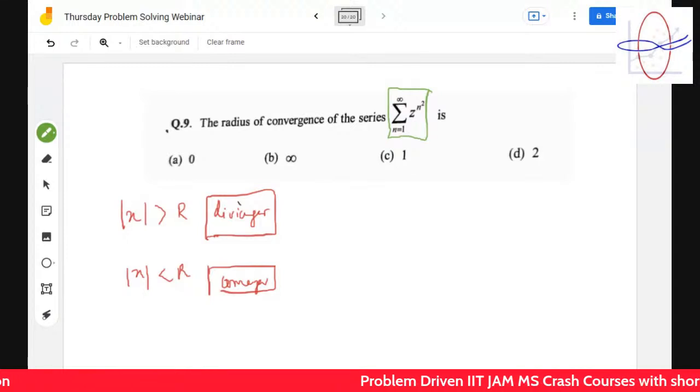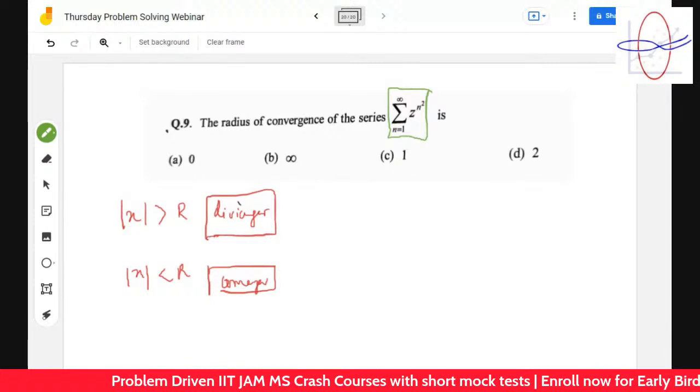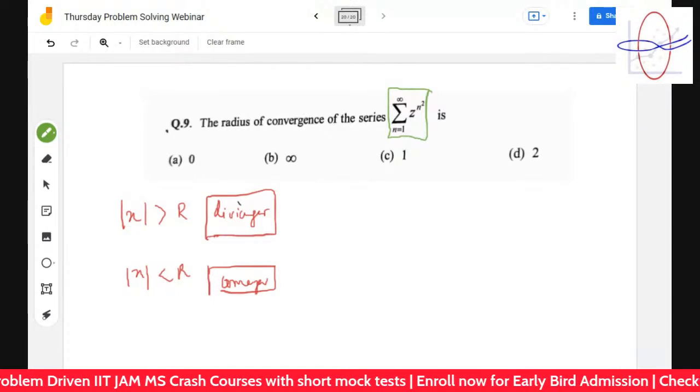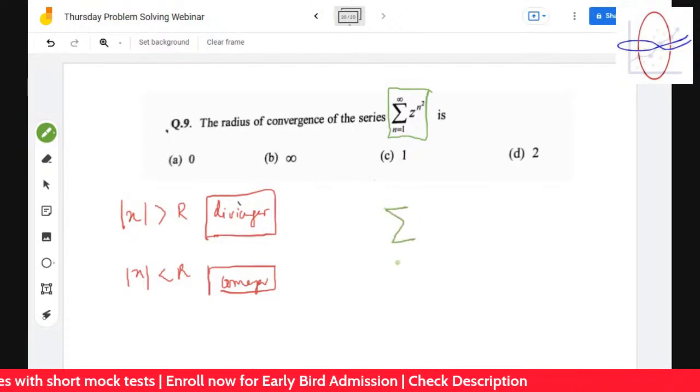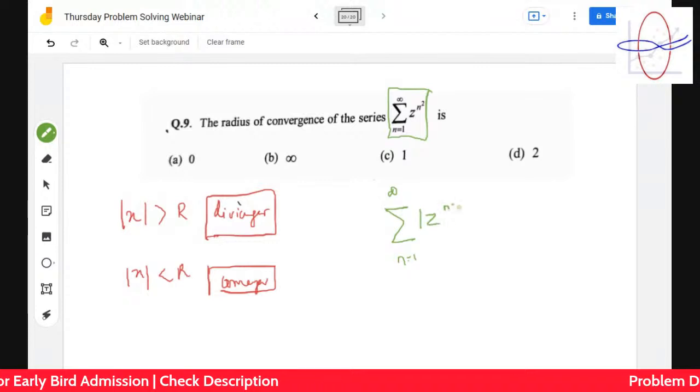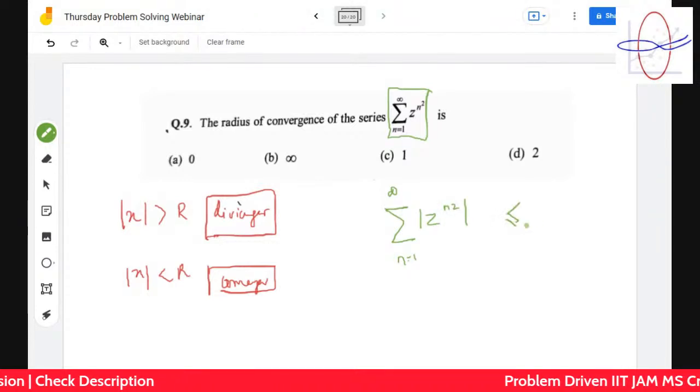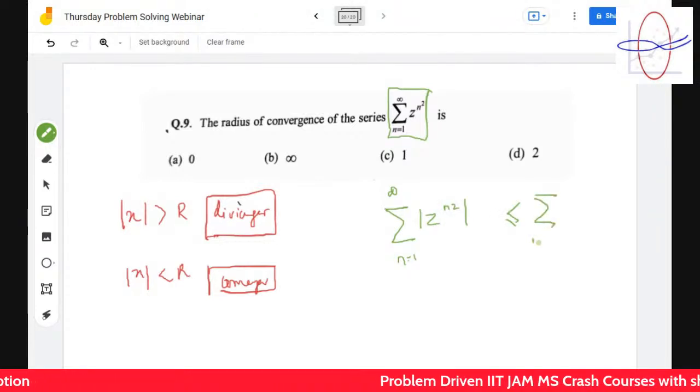Can you tell me another series whose convergence you know? It's very easy. The geometric series. The summation of n from 1 to infinity, modulus, is always less than or equal to what? z to the power n.